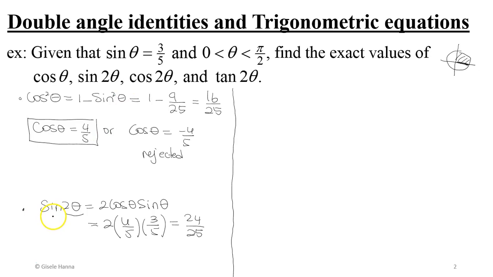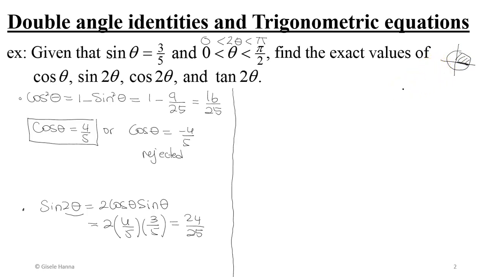But in that case you'd have to determine the range, or the domain in fact, of 2 theta. If theta is between 0 and pi over 2, multiplying both sides of this inequality by 2, then 2 theta would be between 0 and pi. Between 0 and pi, that's covering quadrants 1 and 2.